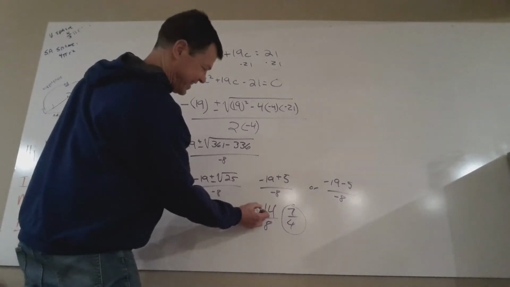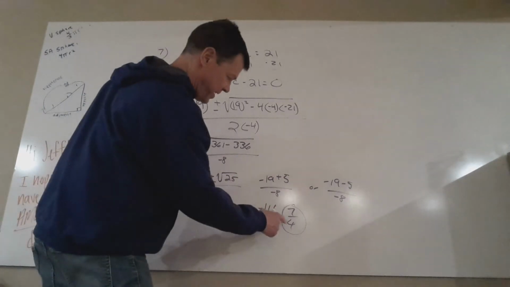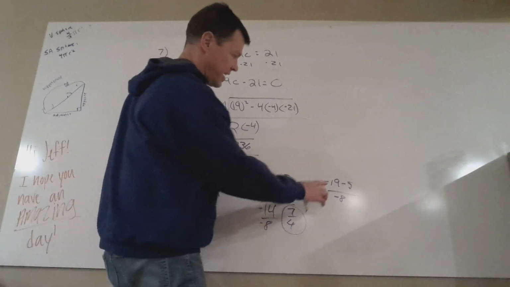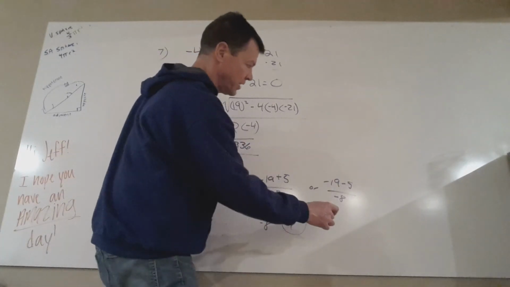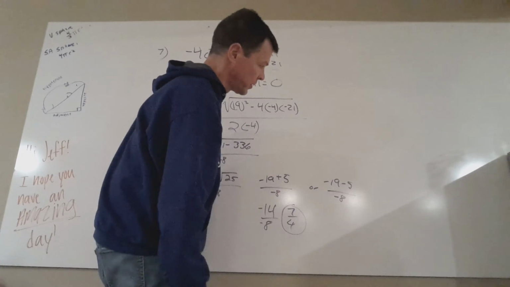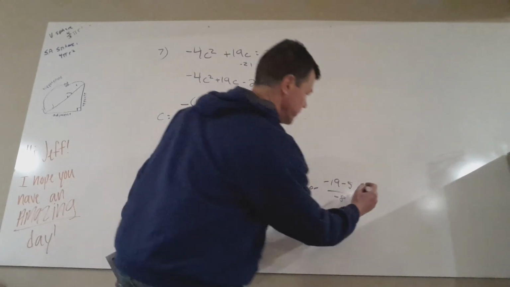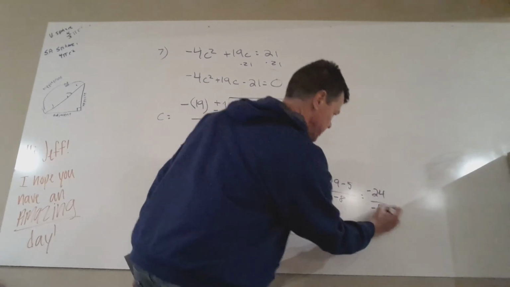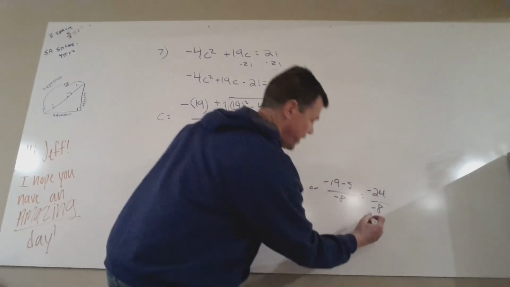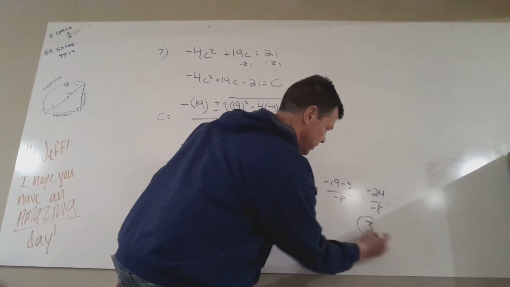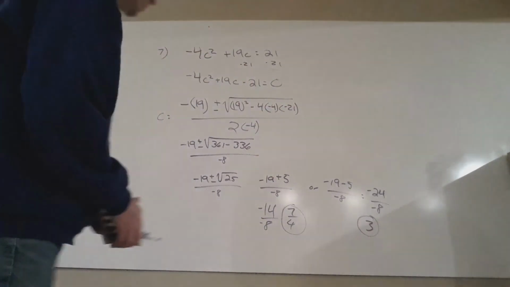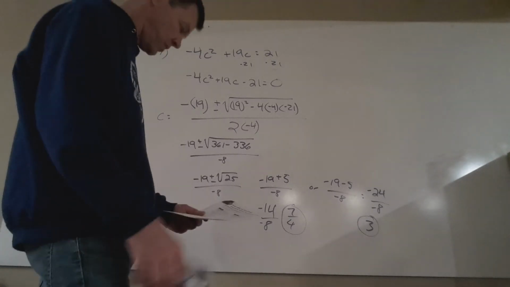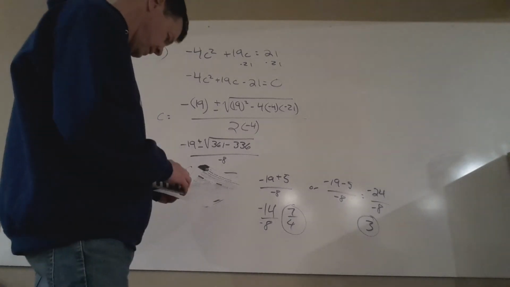You cancel out the negative. That's a negative, it's going to be 2 negatives. That's going to be positive 7/4. On this side, negative 19 minus 5 is negative 24 all over negative 8, and that simplifies to a positive 3. All right, so your solutions: 7/4 or positive 3.